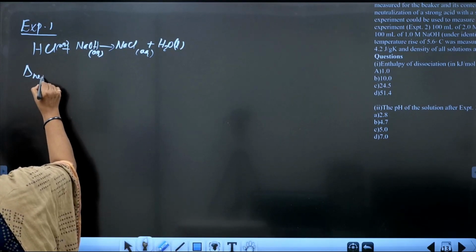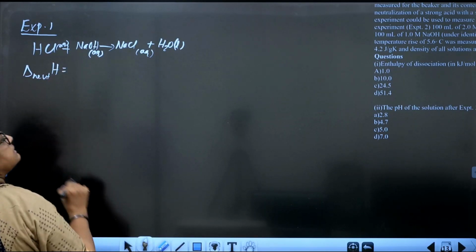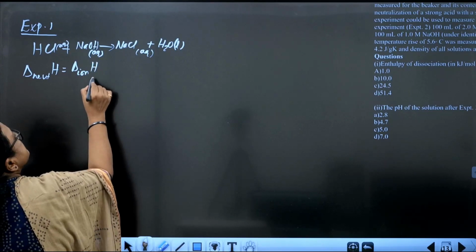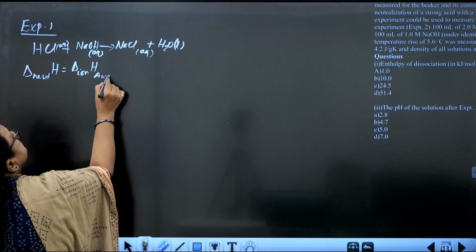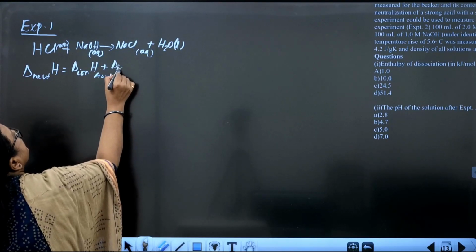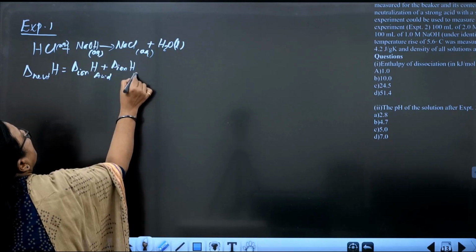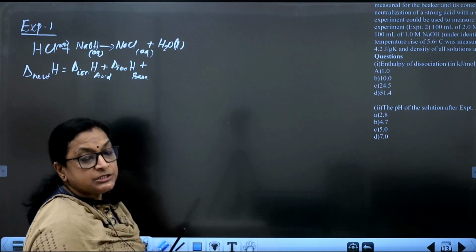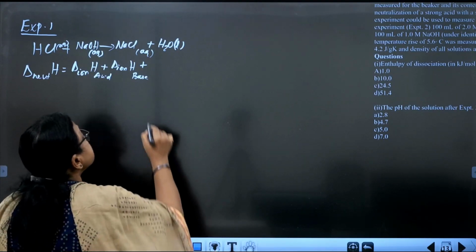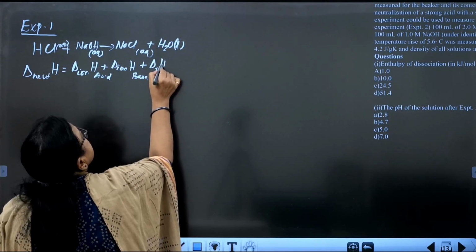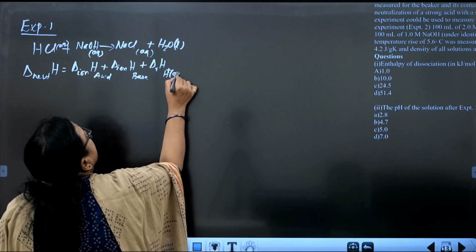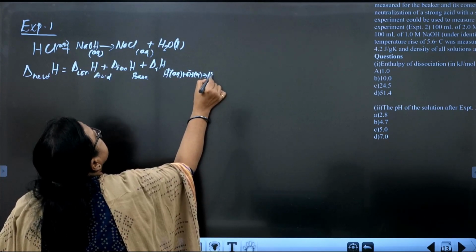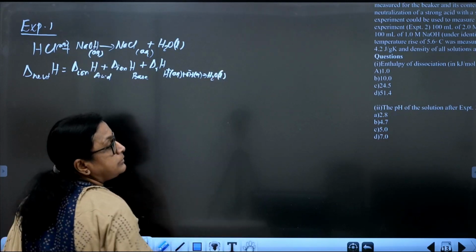So enthalpy of neutralization is equal to enthalpy of ionization or dissociation of acid plus enthalpy of ionization of base, plus enthalpy of reaction involving H plus aqueous plus OH minus aqueous giving H2O liquid, 1 mole.